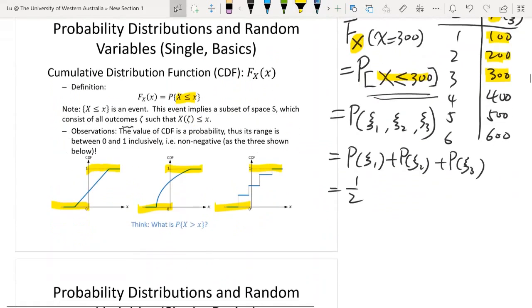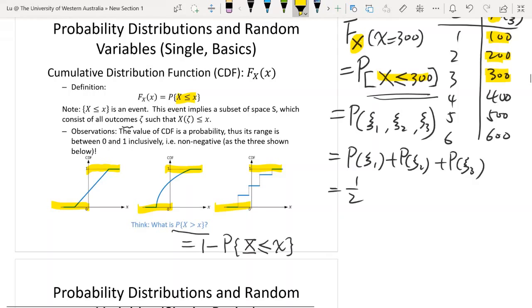By the way, there's one more question left at the bottom of the slide. So please think, what is the probability of the event that the random variable X value is greater than the given parameter lower x? For this question, we can just do a very simple transition. So such probability is actually equal to 1 minus the probability that the random variable X is smaller or equal to the given parameter x.